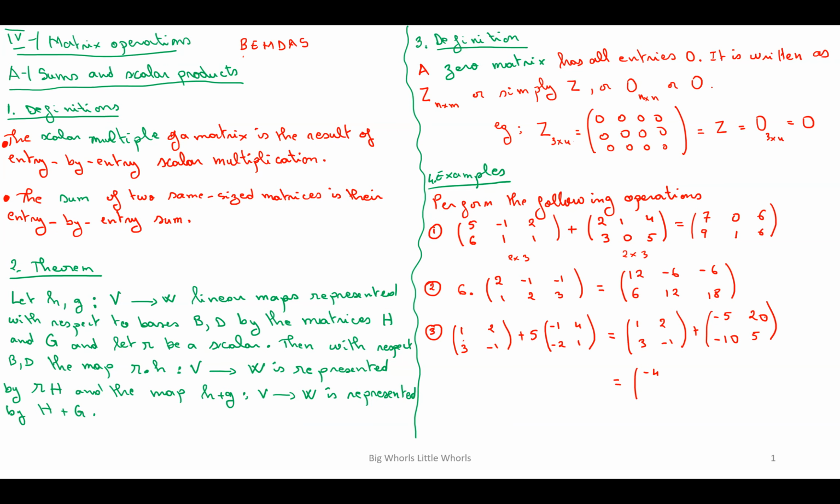Then 2 plus 20 is equal to 22 for the second entry. And 3 minus 10 is minus 7. Minus 1 plus 5 equals 4.